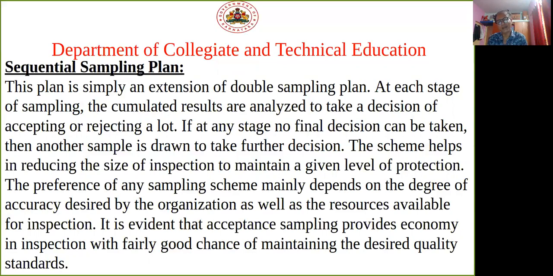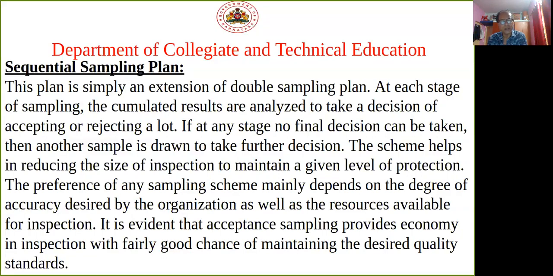If at any stage no final decision can be taken, then another sample will be taken for the further decision. The scheme helps in reducing the size of the inspection while maintaining a given level of protection.